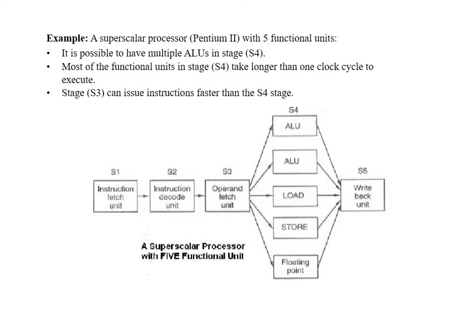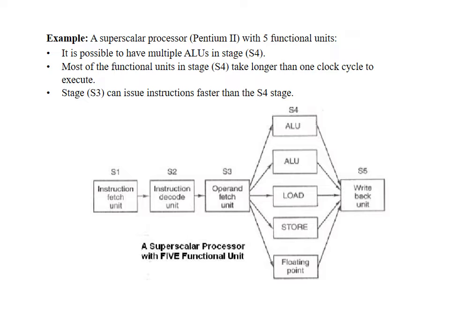Here is an example of a Superscalar processor with 5 functional units. It is possible to have multiple ALUs in stage S4. Most of the functional units in stage S4 take longer than one clock cycle to execute, and stage S3 can issue instructions faster than S4 can execute them. Here there are a total of 5 stages.